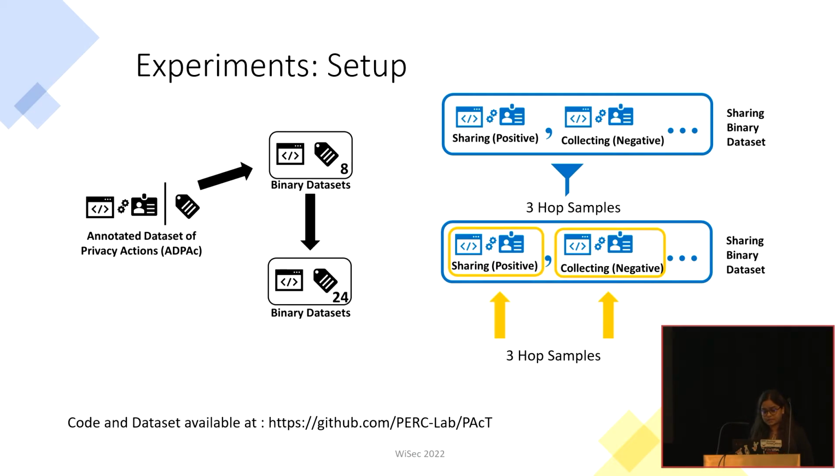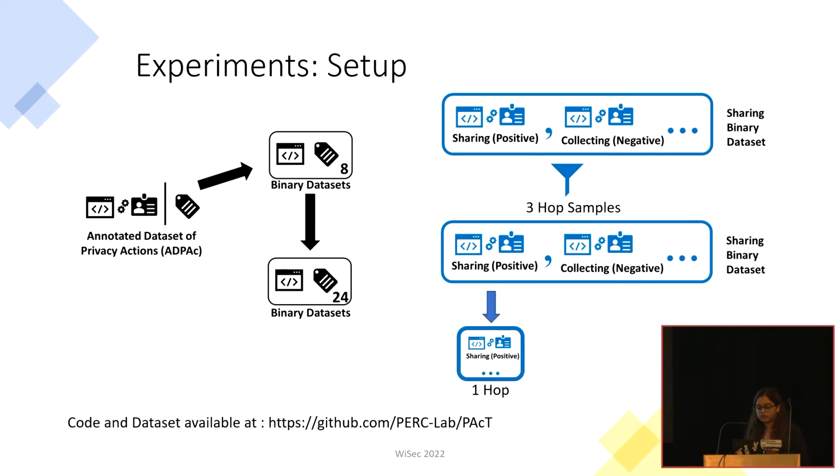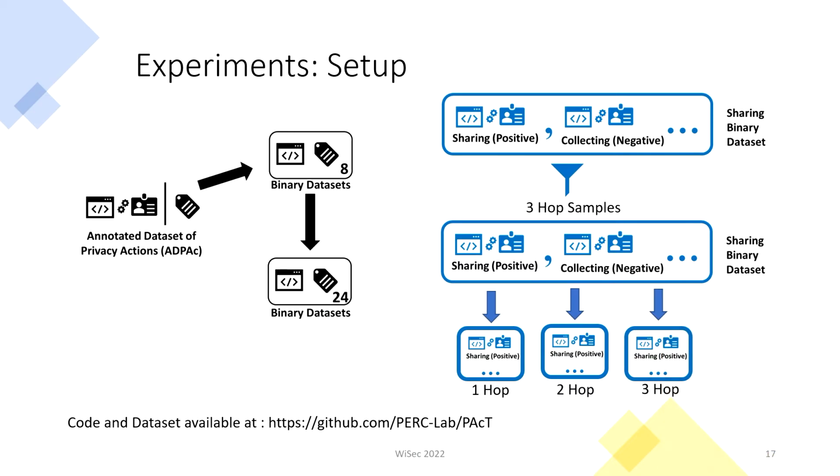And this is true for 3 hop samples. Another thing to mention is that in research question 2, the first hop has only code segments from the first hop, the second hop has code segments from both the first and second hop, and the third hop has code segments from the first, second, and third hop.